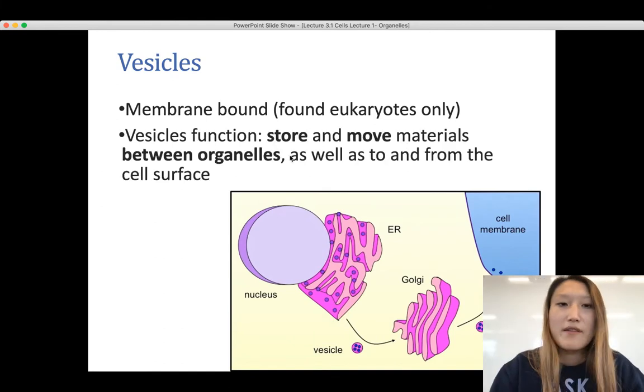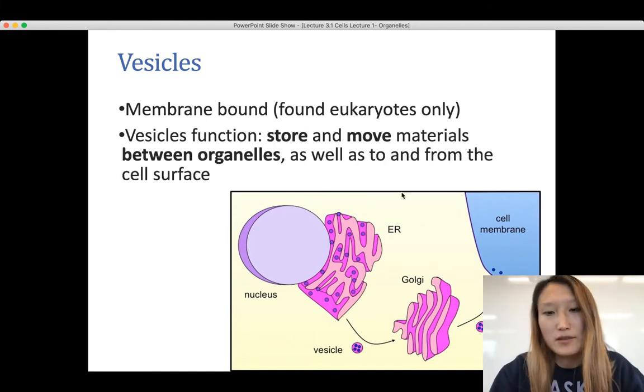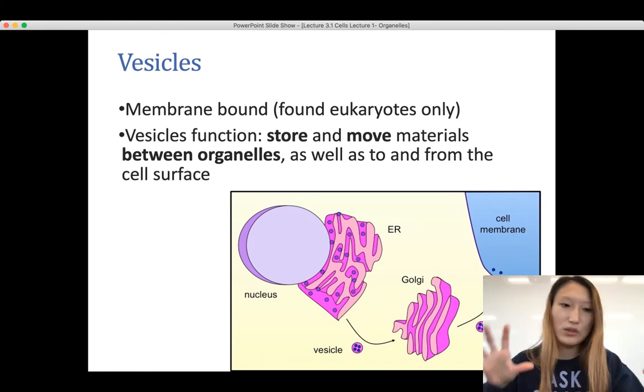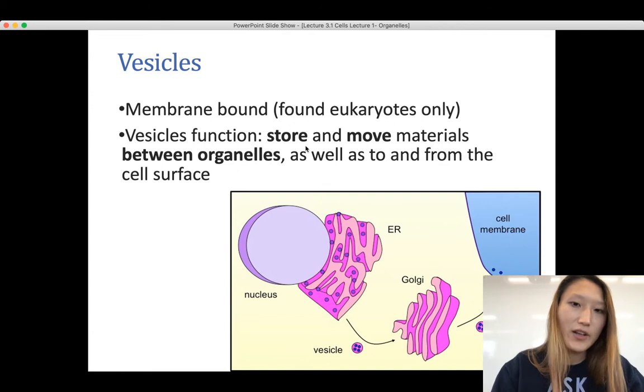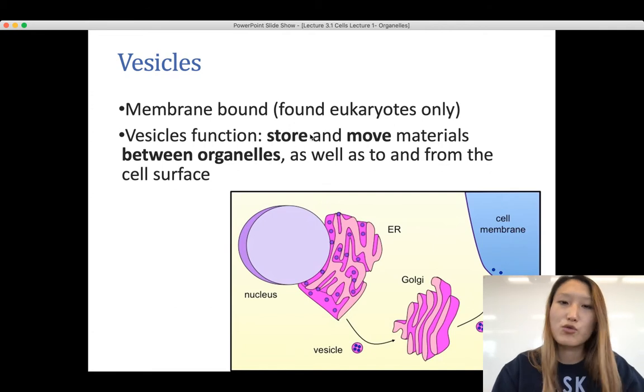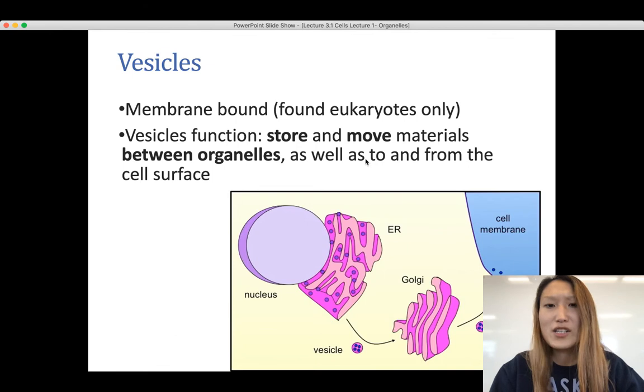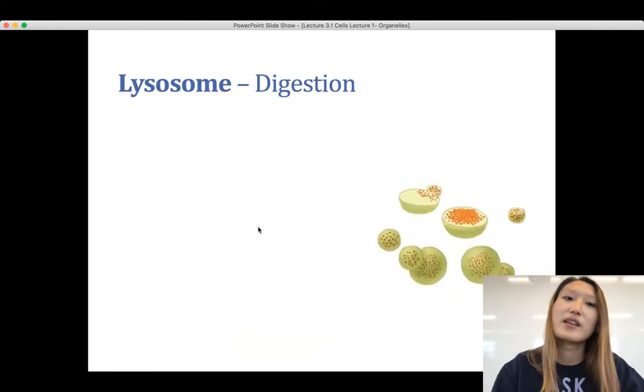And then vesicles, what do they do? They can store certain proteins inside of them, and that's the end of the story. You just hold the proteins inside, right? They can store the proteins, store material, or move material between organelles, right? Those vesicles over here send proteins from the ER to the Golgi, as well as to and from the cell surface, right? To and from the cell surface, okay?